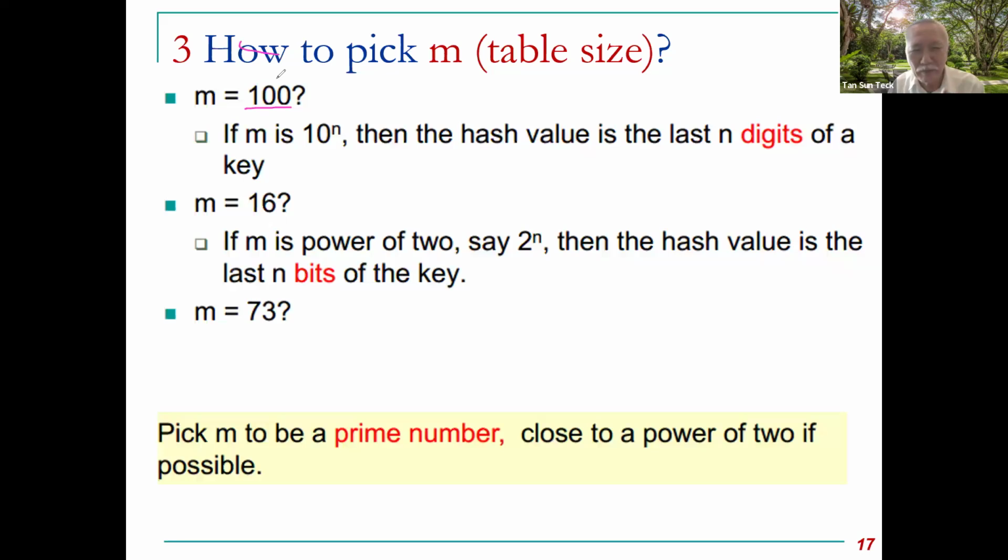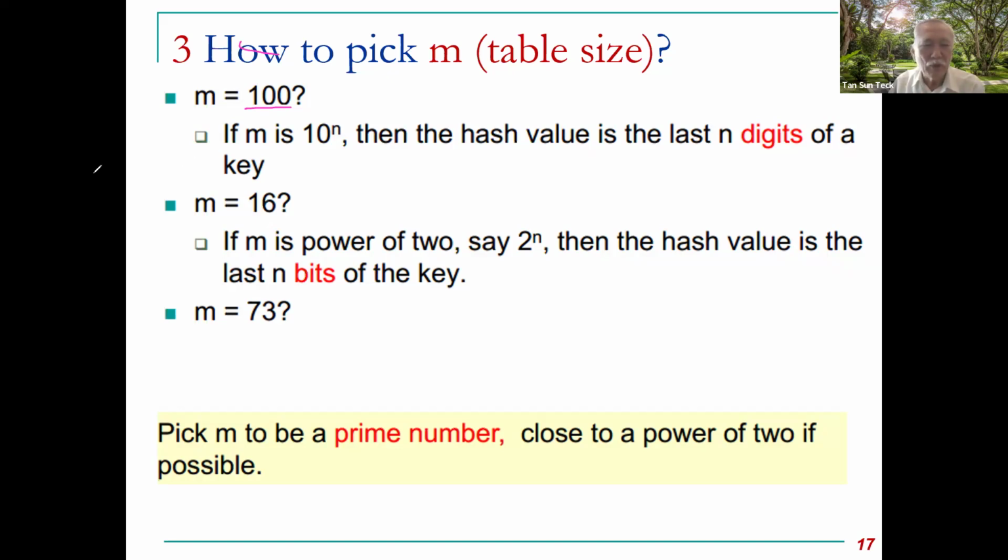If you divide by 4, you get 2 bits. If you divide by 8, you get 3 bits, and so on. Again, this is quite similar to the power of 10. You are just getting the last few digits of the numbers. Binary is the same thing. Therefore, we should not use m, the table size, to be a power of 2.